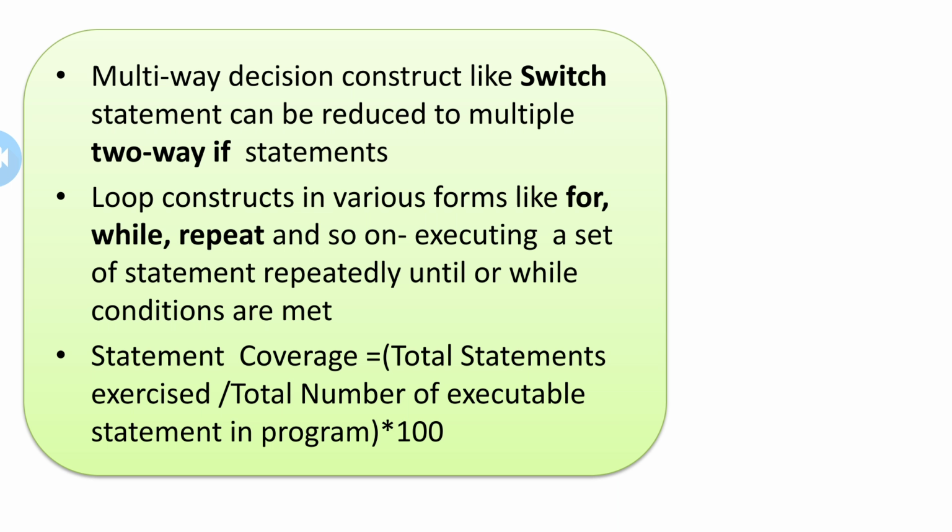One of the common looping errors is that the termination condition of the loop is not properly stated. To make sure there is better statement coverage for a statement within a loop: loop constructs come in various forms like for, while, repeat, executing a set of statements repeatedly until the conditions are met.